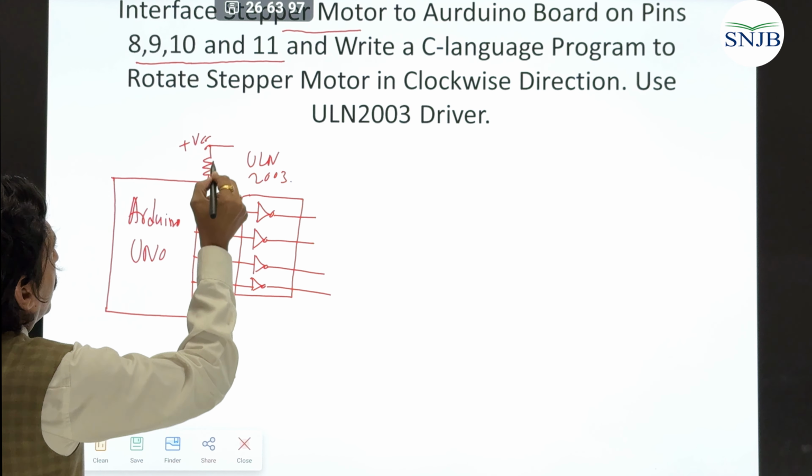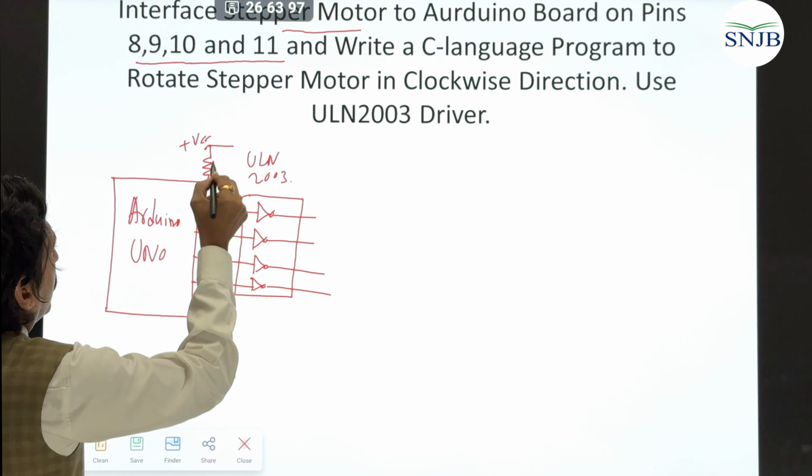Similarly, pin number 9 as output, pin number 10 as output, and pin number 11 as output. So this is about void setup. In void setup, we configured pins 8, 9, 10 and 11 as output pins.